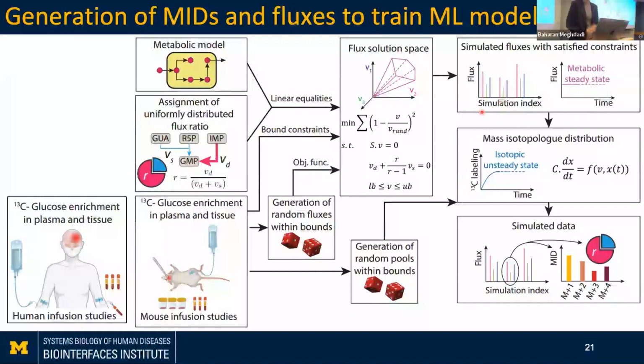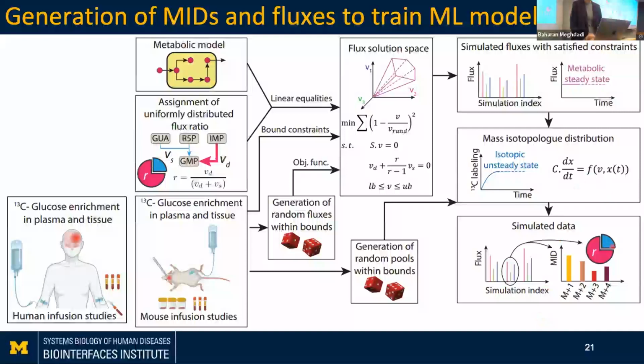So all of these, we put into an optimization problem, and we solve this to find the fluxes. And for each simulation, we find a different set of fluxes that are constrained together. And we use these flux values, and we solve a system of ODEs to find the MIDs. Because our MIDs are at a steady state, we have the accumulation term on the left, and we find the MIDs by solving this system.